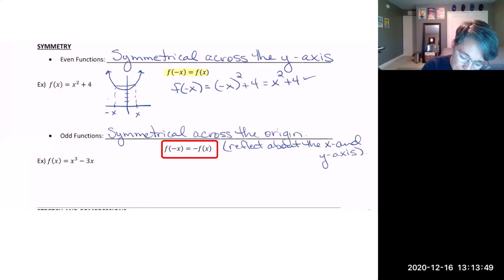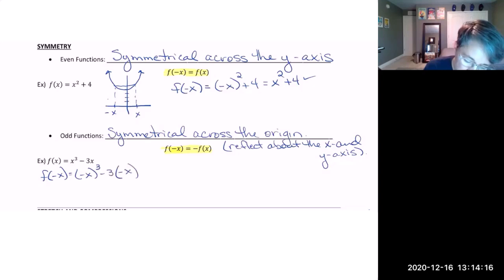We can plug in the opposite of x into the function, but then instead of getting the original function back, see if we get exactly the opposite. In other words, all of the terms will have opposite signs. So if we took f of the opposite of x, we would get the opposite of x quantity cubed minus 3 times the opposite of x.